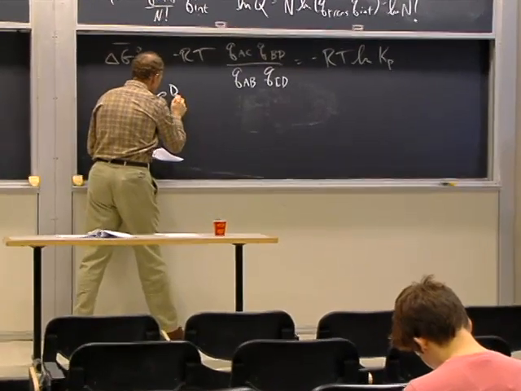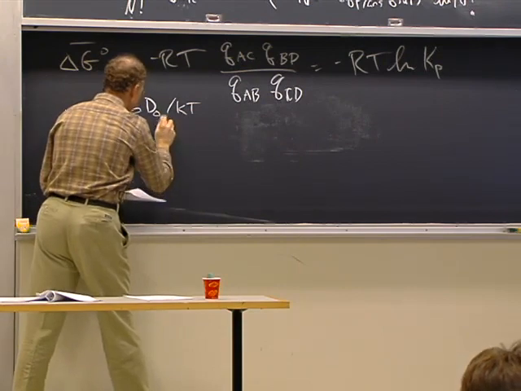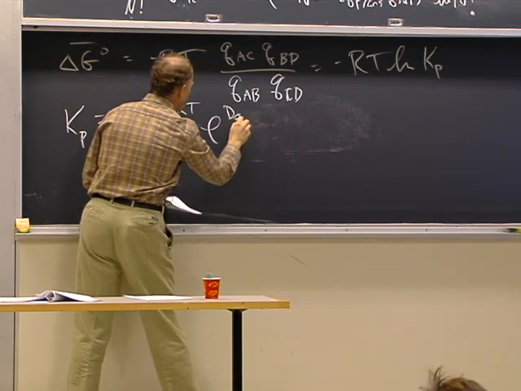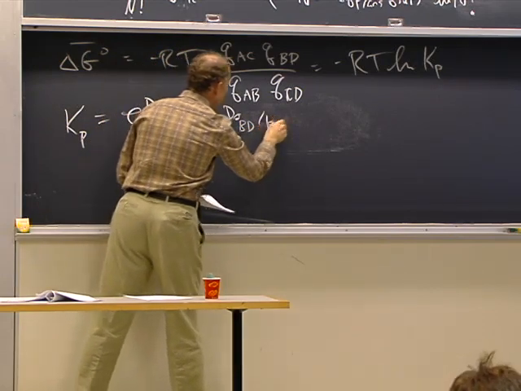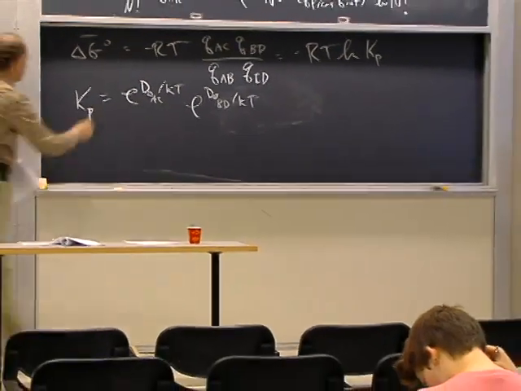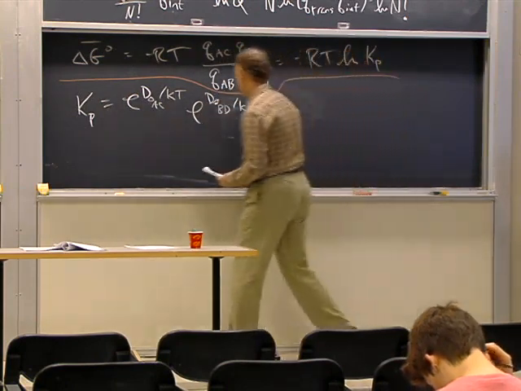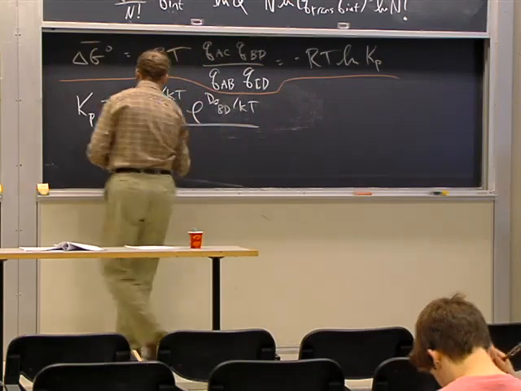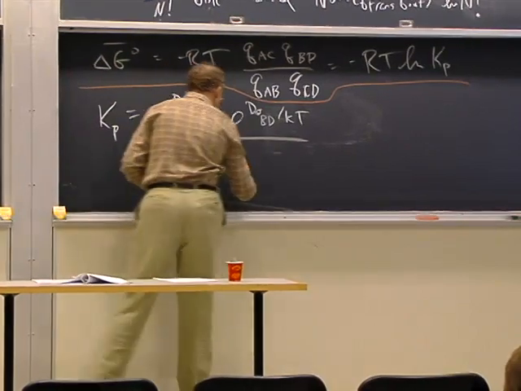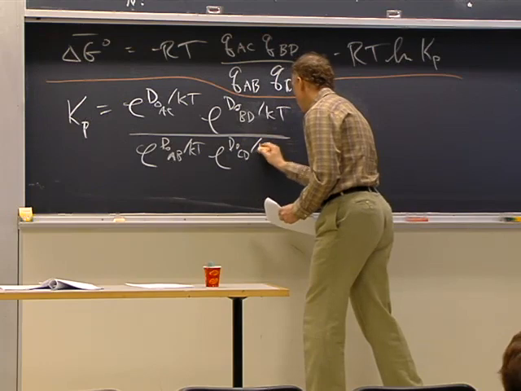It's e to the D0 over kT for molecule AC, times e to the D0 for molecule BD over kT, divided by e to the D0 for AB over kT times e to the D0 for molecule CD over kT.